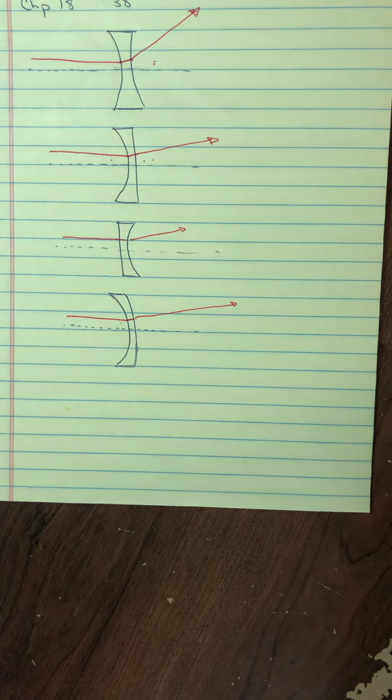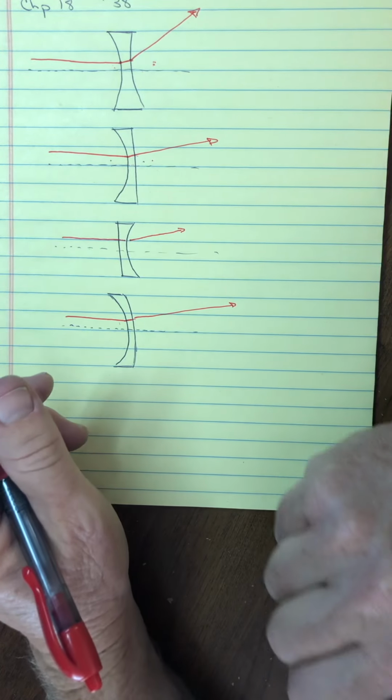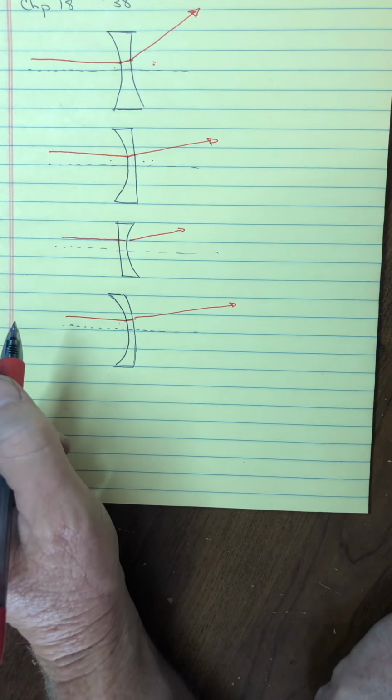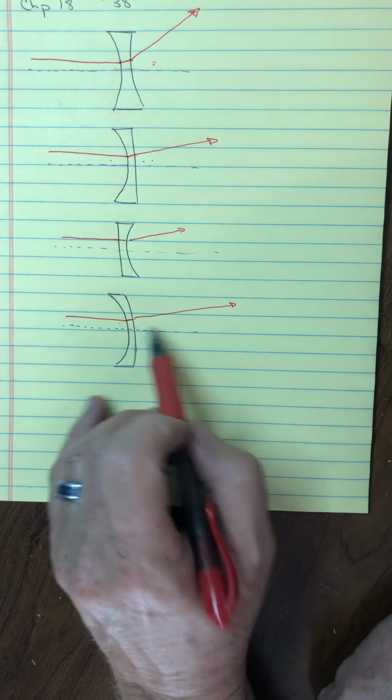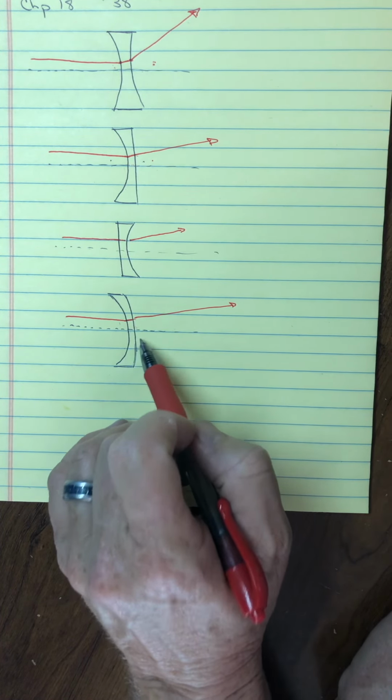You kind of have to really hold it in your hand and feel it, which I didn't want to do because then I have to go clean my glasses. But these are diverging, and I'm nearsighted, so this is a perfect solution for me.